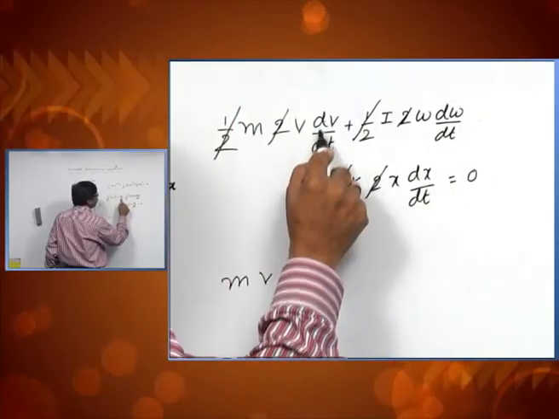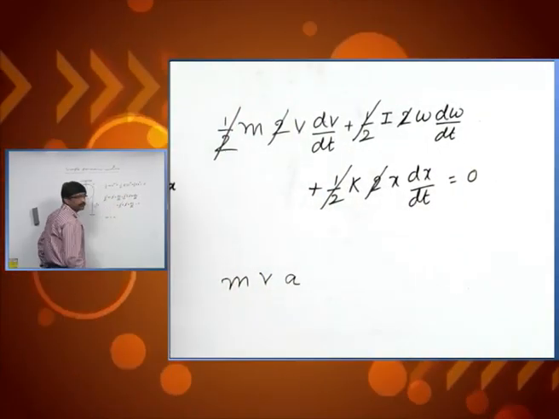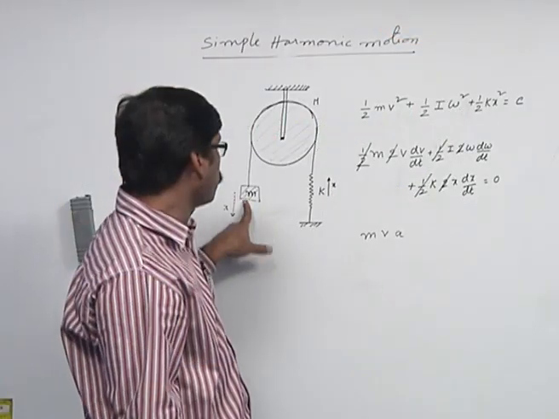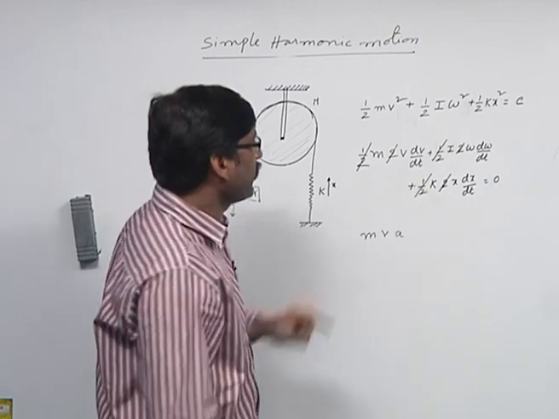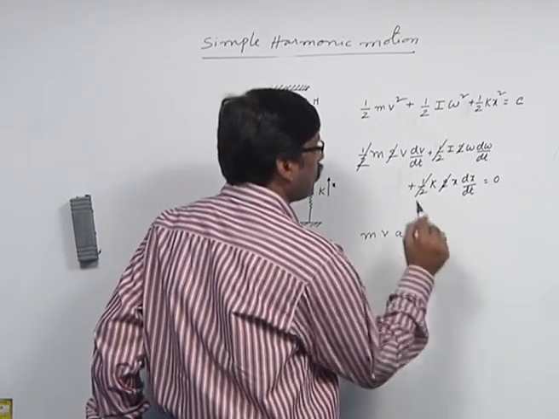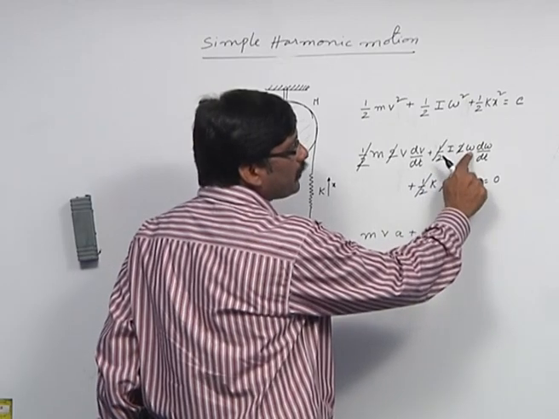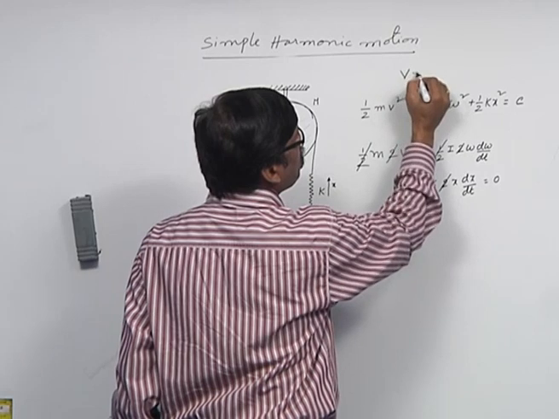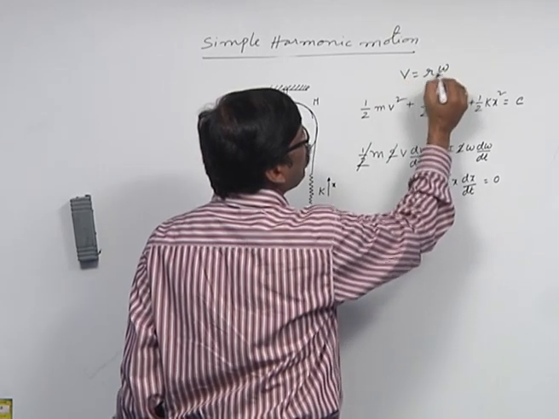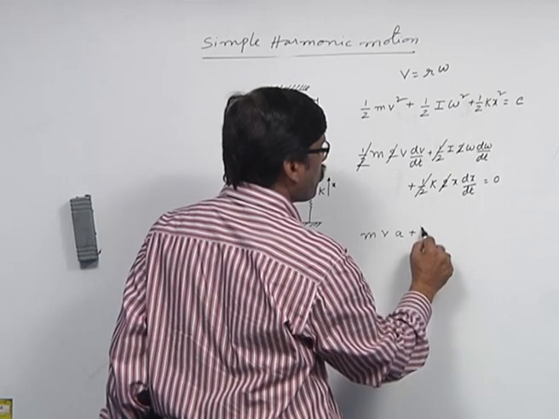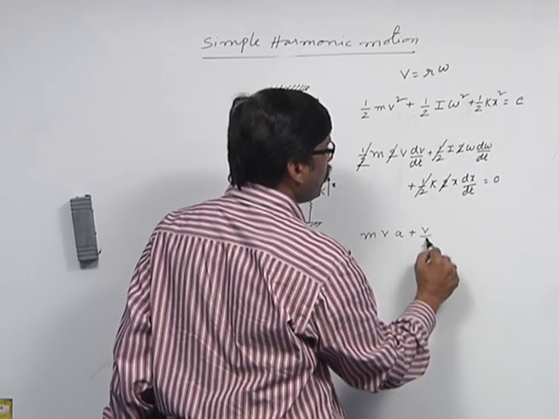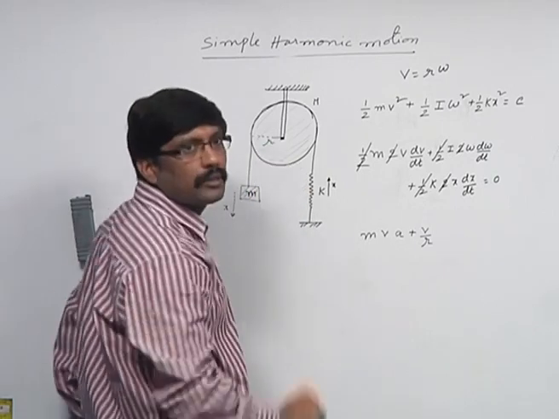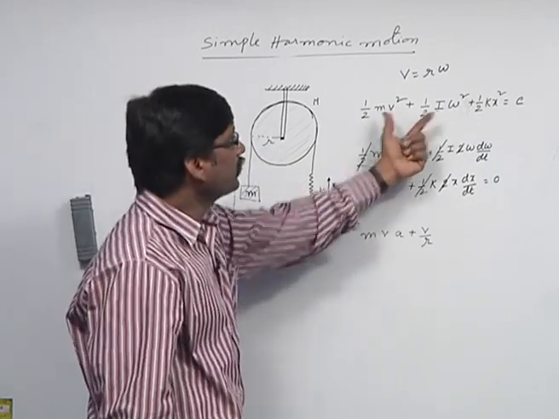And mv dv by dt is nothing but acceleration. M is the mass of this small object connected to the string. V dv by dt is acceleration. And we know that this v is equal to r omega, and omega is equal to v by r, where r is the radius of the disk.